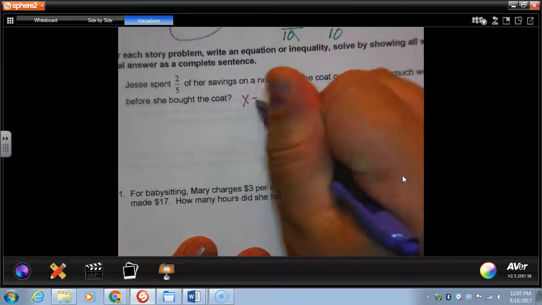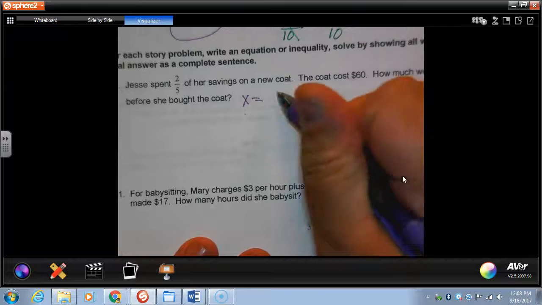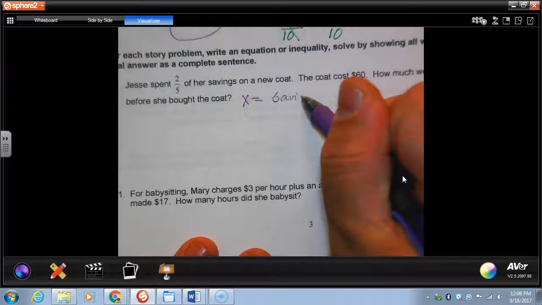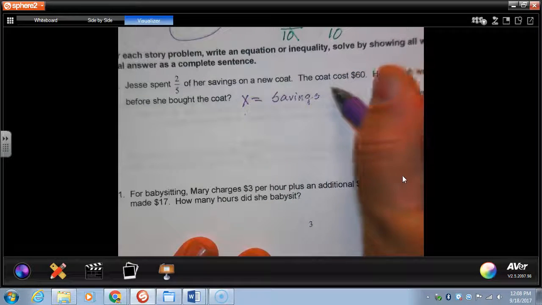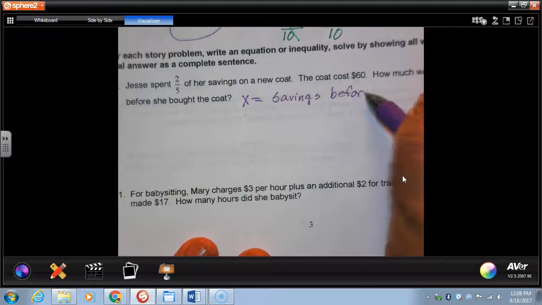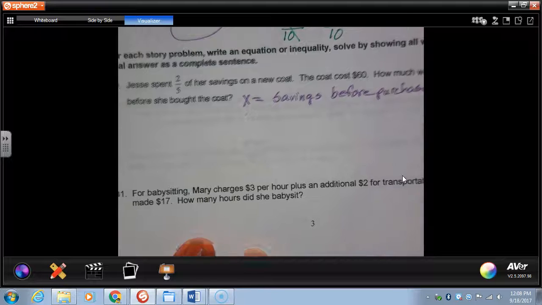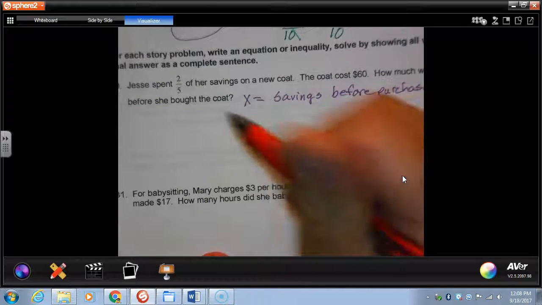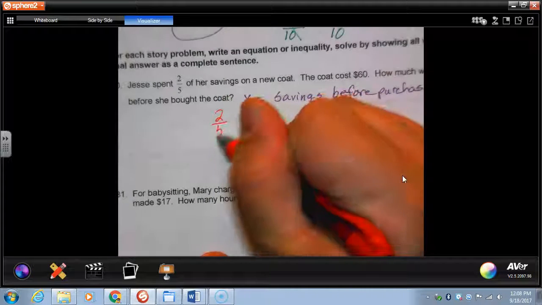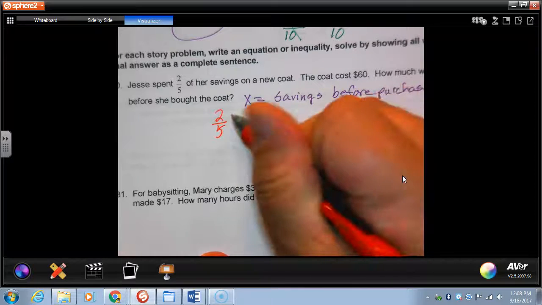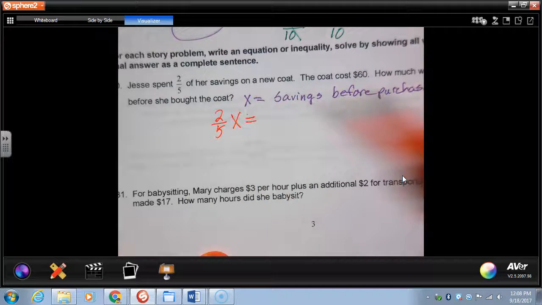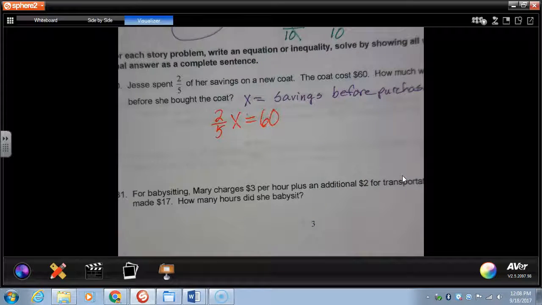So x equals savings before purchase. So she spent 2/3 of her savings, and that was $60. So all you have to do is multiply both sides by the reciprocal.